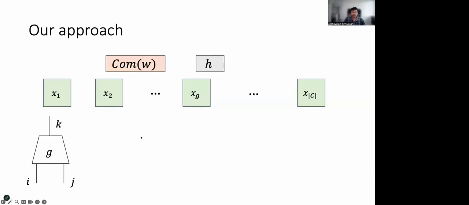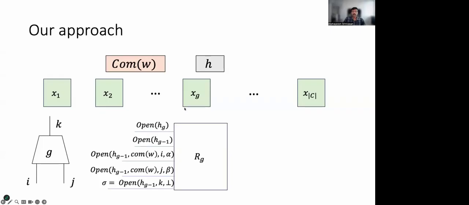The relation corresponding to the jth instance takes as input the following as the witness. So it takes in the openings to Hg and Hg minus 1 with respect to this digest H. And it also takes in the openings to the values carried by wires i and j in the tableau.